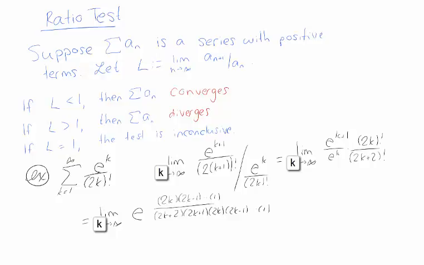For these factorials, remember for the top I start at 2k, and then I go down by 1 and multiply all those numbers. On the bottom I start at 2k plus 2, go down by 1 to get 2k plus 1, down by 1 to get 2k, and so on. And so I see that this whole tail is going to cancel off, and what I'm going to be left with is just those first two terms on the bottom.